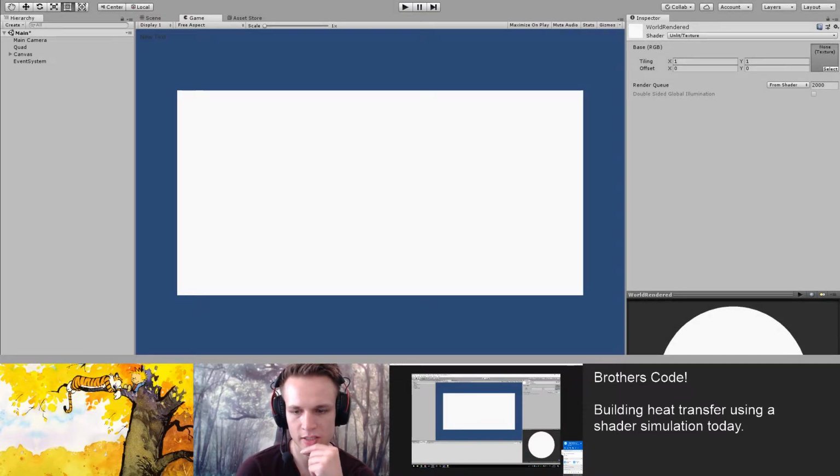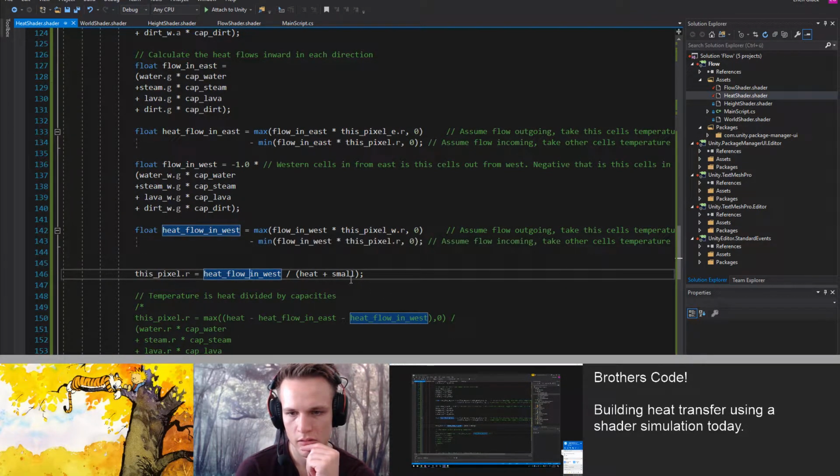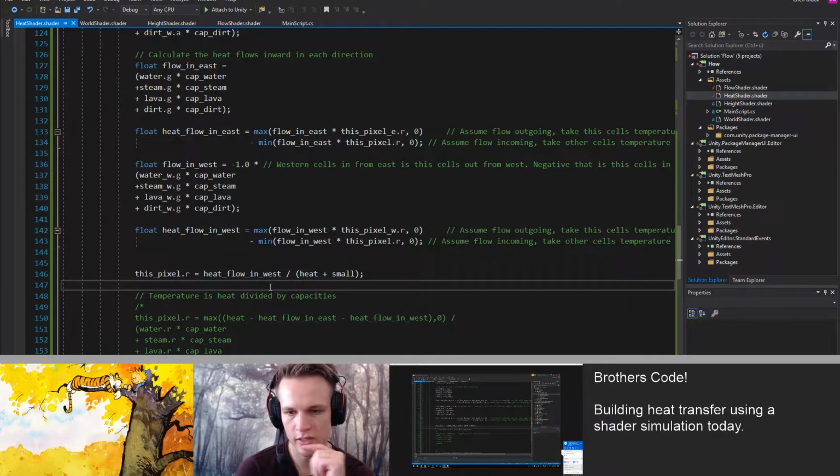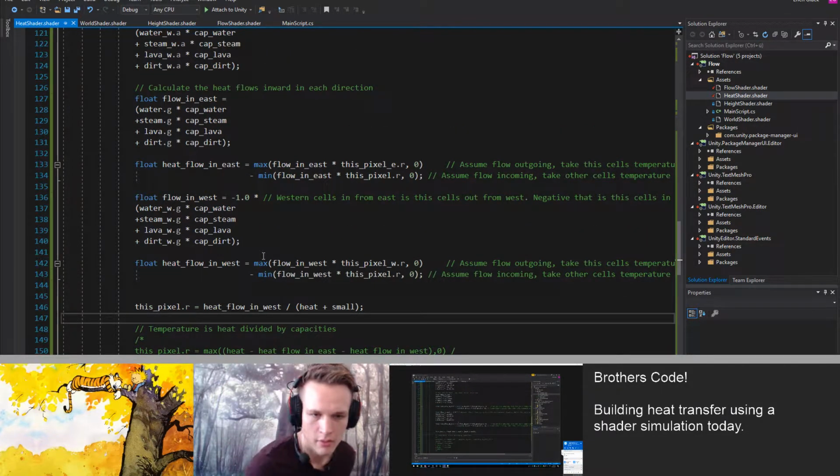Yeah, if it starts to flow east, it just goes east like crazy. So that's heat flow in west. Is our assumption about being able to just take the negative of the flow from the west incorrect? I hope not, because I don't have 5 channels.